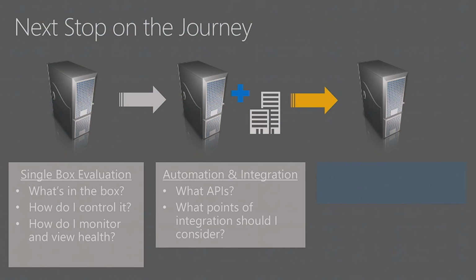So as we mentioned, we've learned what's in the box. We've started to learn about the APIs and the integration points. Once you have this and you're ready for production, you need to worry about that end-to-end operation scenario of, I get an alert, what happens?